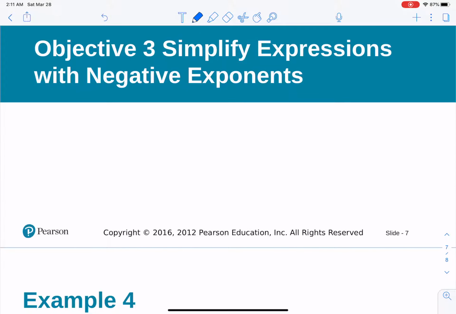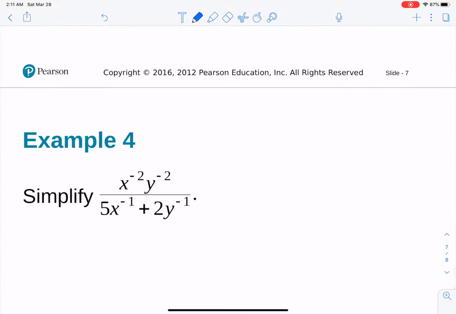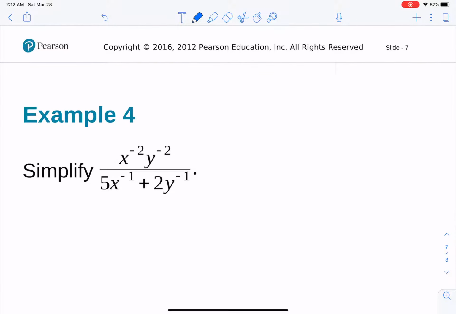So what do we do when expressions have negative exponents, in other words, negative powers? We simply make everything positive and then simplify. That is the easier way. But if you have a complex fraction, though, things get complicated because, for instance, here we have x raised negative 2, which is 1 over x squared.